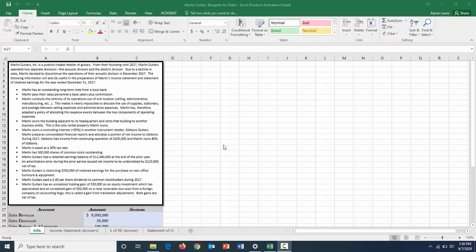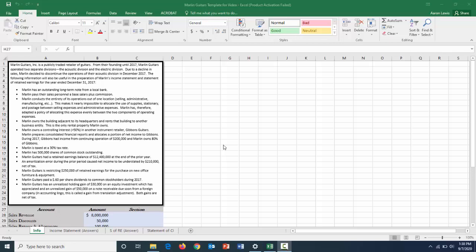We own a controlling interest in another instrument retailer called Gibbons Guitars. We, in fact, own 80% of Gibbons, which means since we own more than half, we have to consolidate. We have to take Gibbons' income and roll it right into ours like we're one entity. But we don't get to have all of the income that Gibbons made.